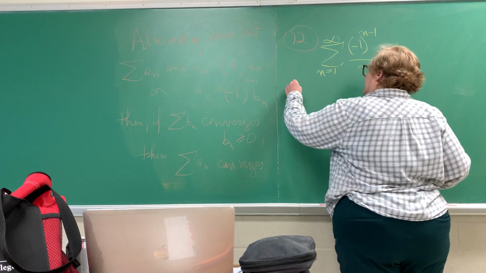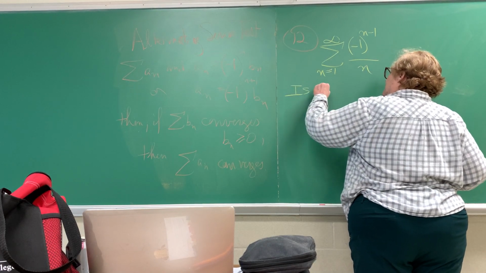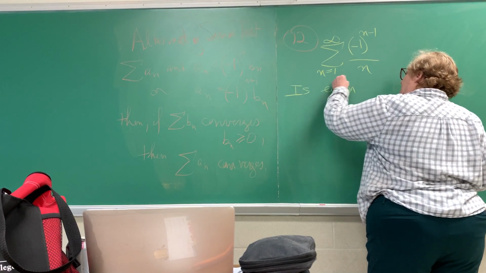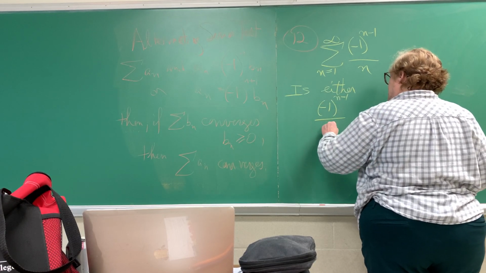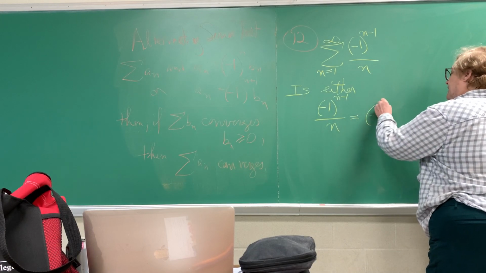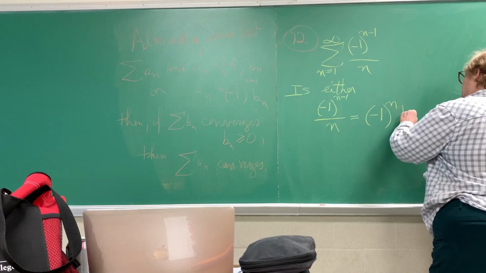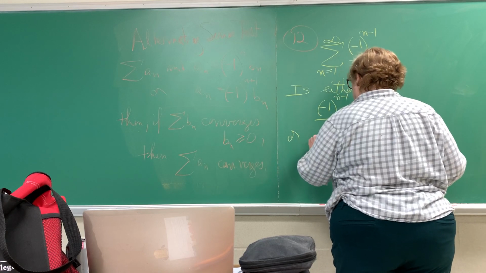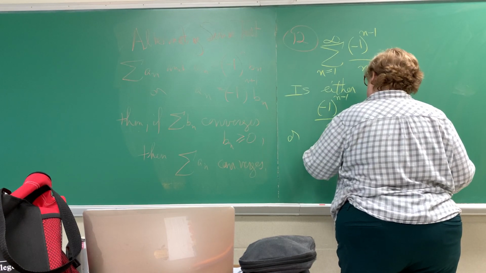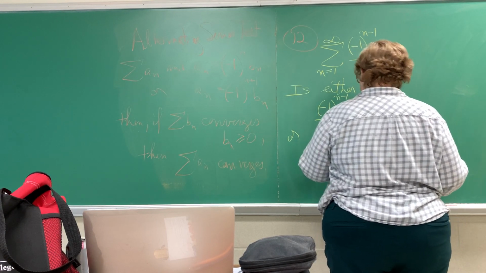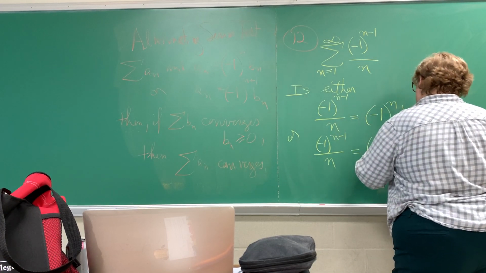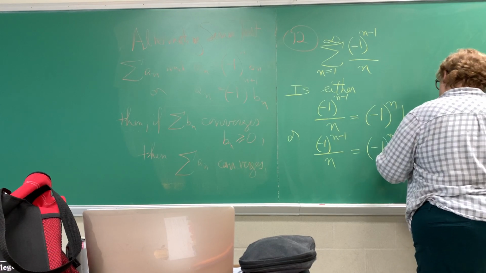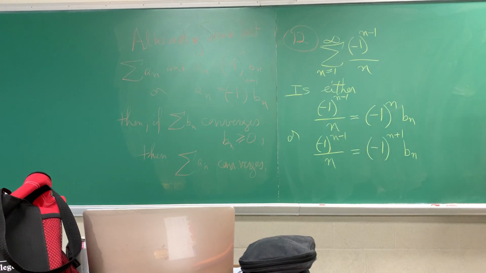So can we write either -1 to the n minus 1 over n equals -1 to the n b sub n, or should we rather write -1 to the n minus 1 over n equals -1 to the n plus 1 b sub n? Are either of those a good match?